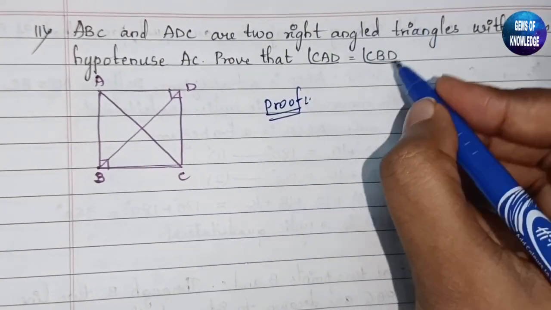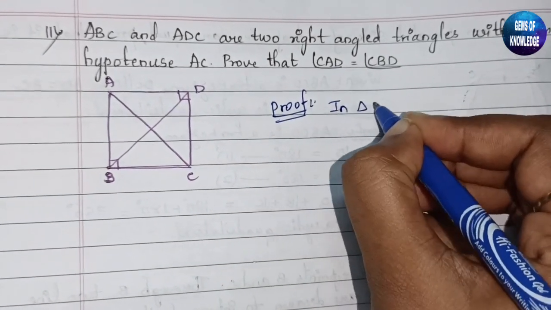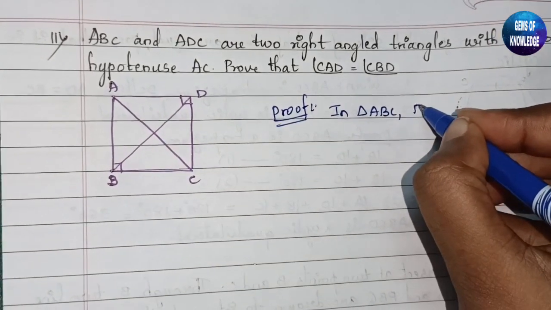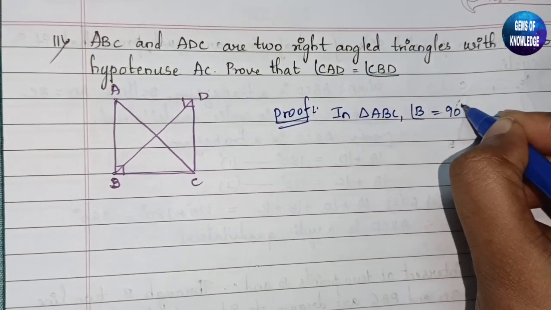In the proof, first we will consider triangle ABC wherein angle B is equal to 90 degrees, as you can see.